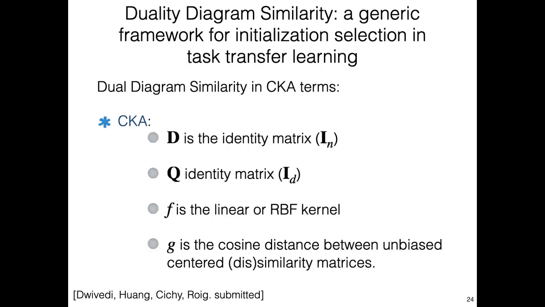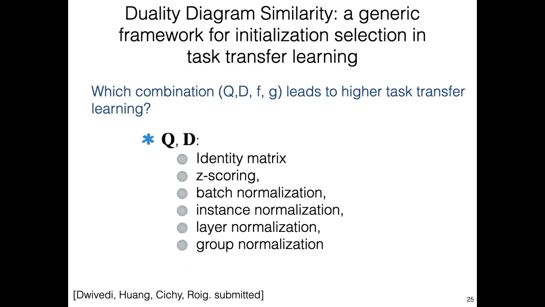How we can do this is by making D the identity matrix, Q also the identity matrix, F the linear or RBF kernel, so they use both for building these dissimilarity matrices, and G is the cosine distance between unbiased centered dissimilarity matrices.